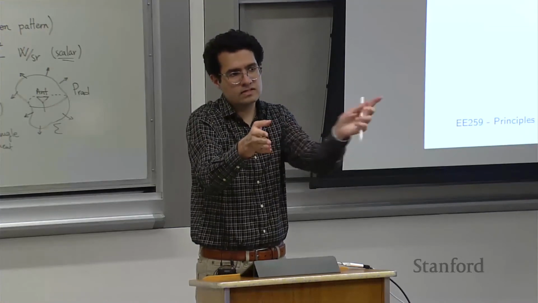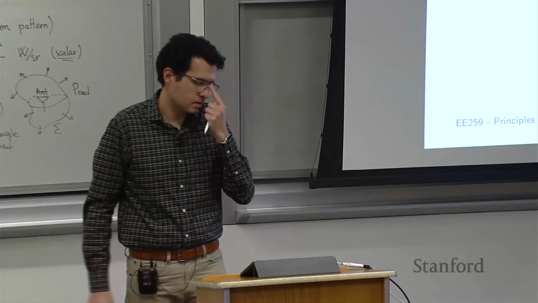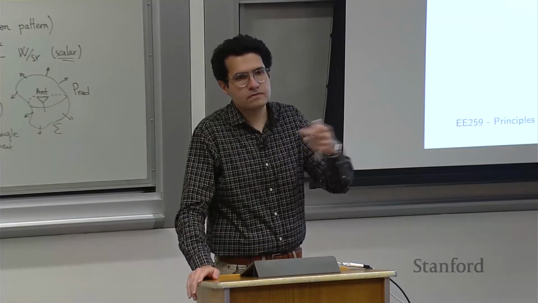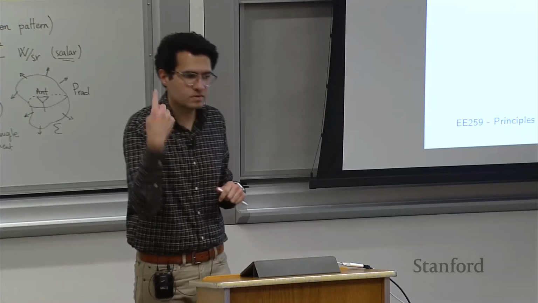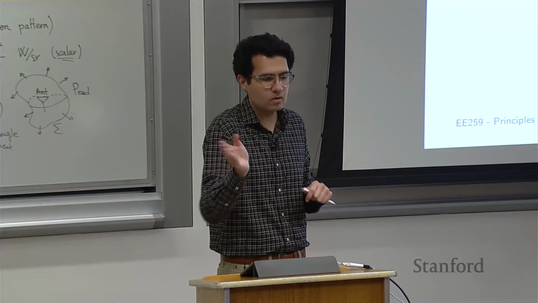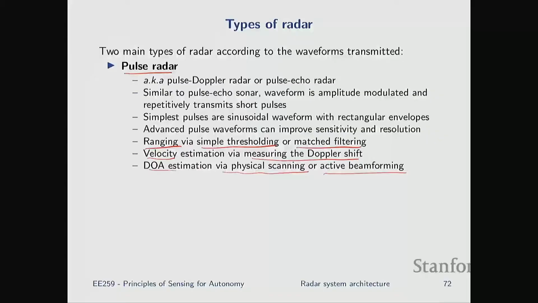To sense in a different direction, I physically move my antenna. For instance, at airports, the rotating parabolic antennas you've seen are doing physical scanning to determine direction of arrival. Or they can also do it in signal processing using an idea called beamforming. We'll talk about that also later.